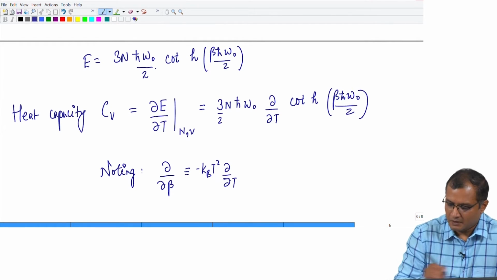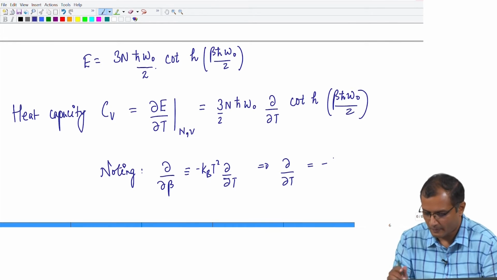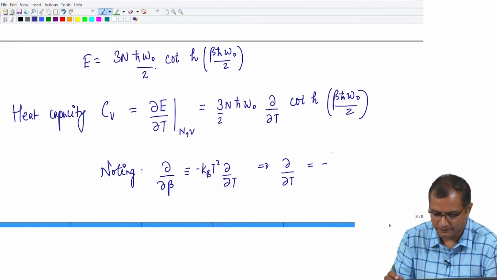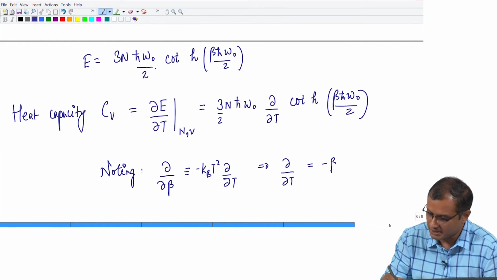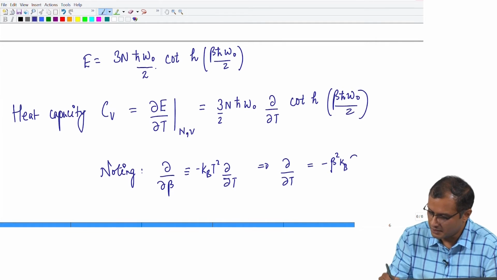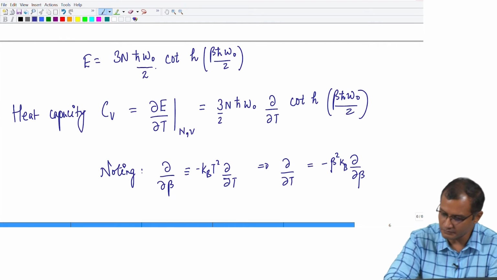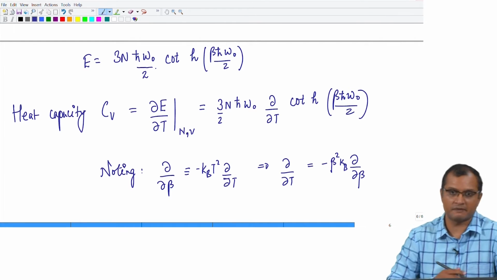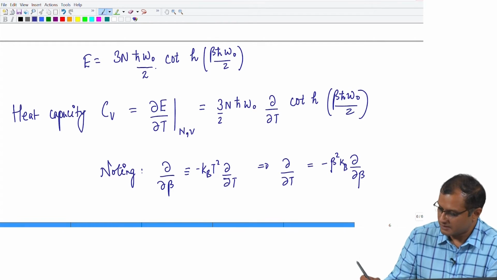my temperature derivative can be written as minus 1 upon kT square d by d beta, and that would be nothing but minus beta square kB into d by d beta, because beta itself is 1 upon kT. So one k will cancel, right.